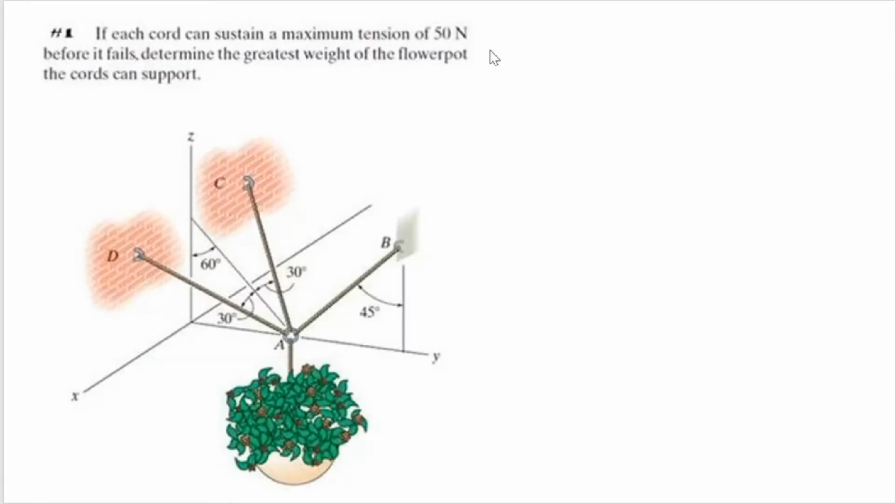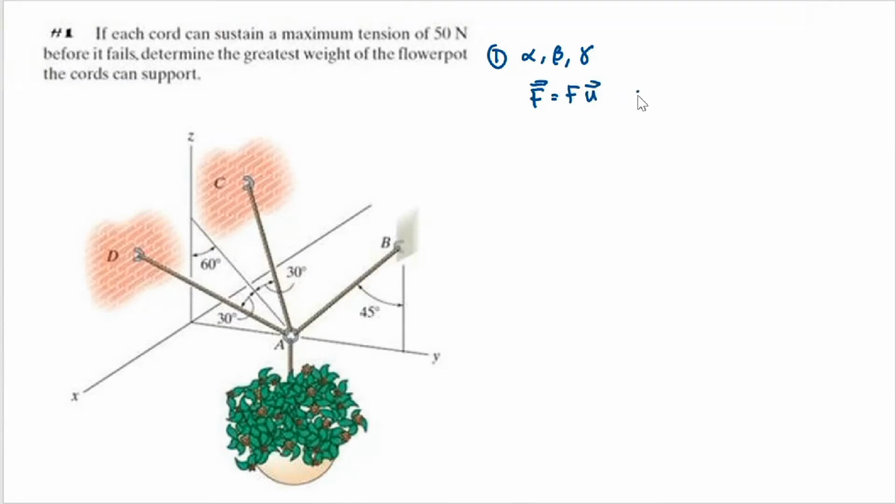Now, for step 2, pag convert na tayo ng forces into Cartesian vector, may tatlong ways. Okay, there are 3 ways. So, first, pag ang given ay alpha, beta, and gamma, ang gagamitin nyo dyan na force is just equal to magnitude times the unit vector.